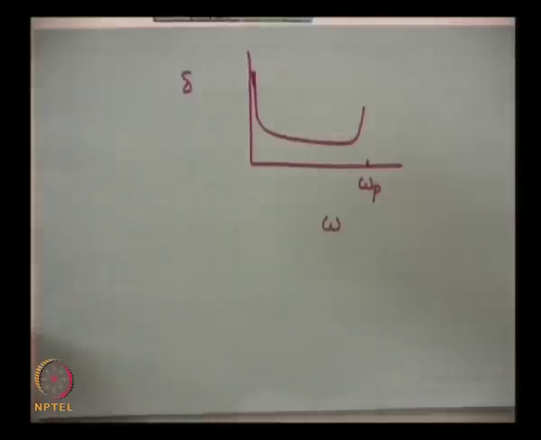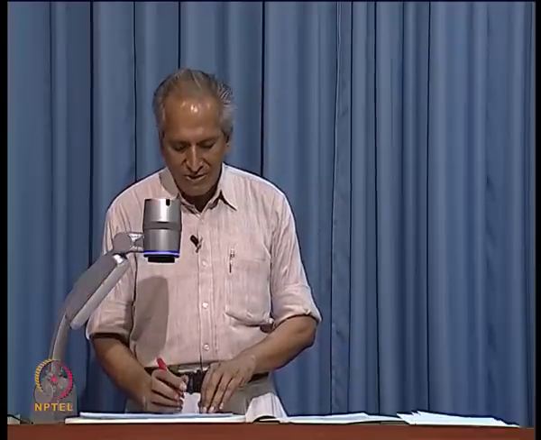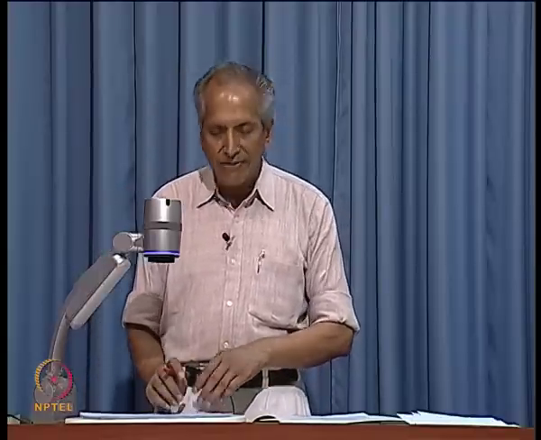I would like to mention a quantity, because when we talk of absorption of waves via collisions, we always talk in terms of power loss in decibels. So let me introduce this quantity here.